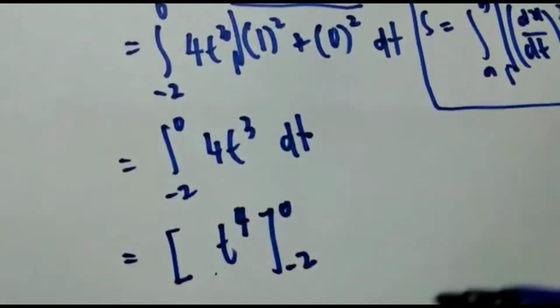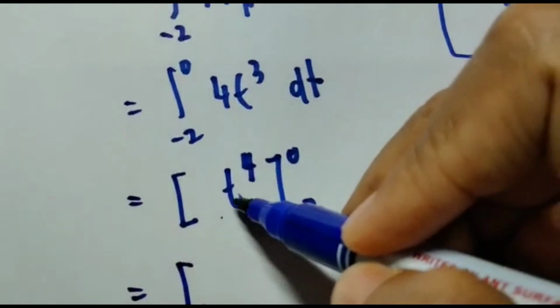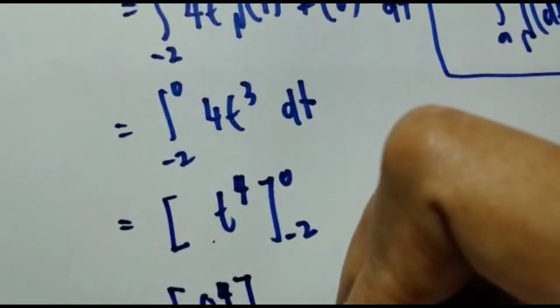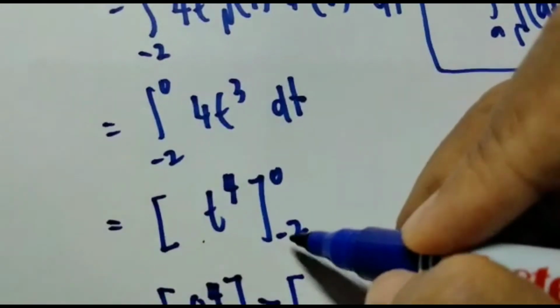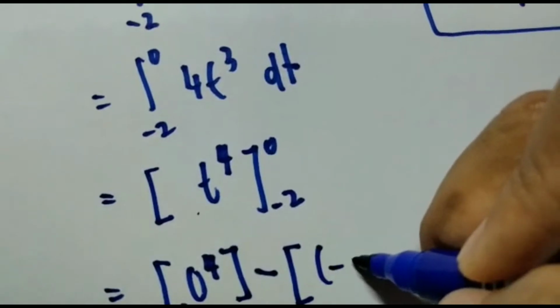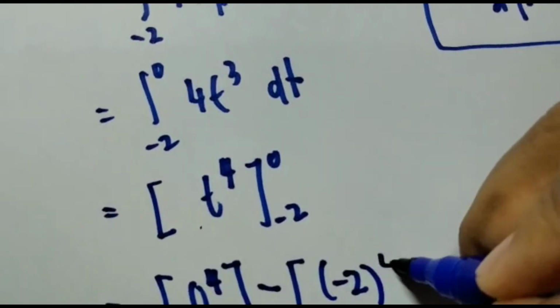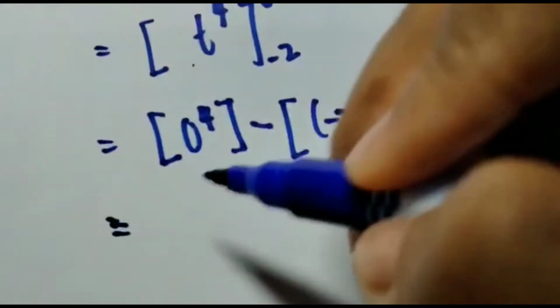Then solve it: 0 to the power of 4 minus (-2) to the power of 4, and we get minus 16.